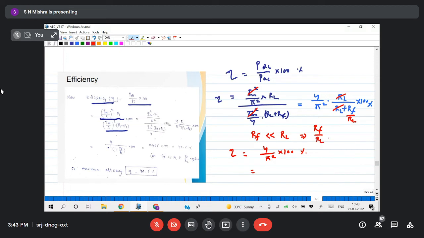RF by RL is much less than 1, so we can ignore this value. Then efficiency is 4 by pi square into 100%.